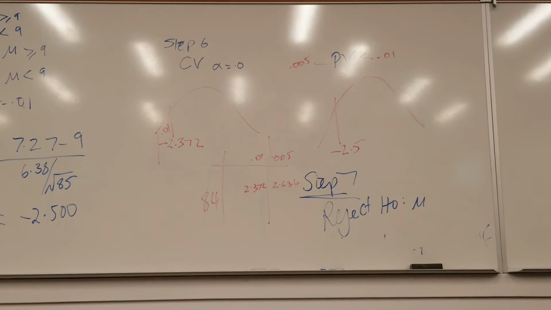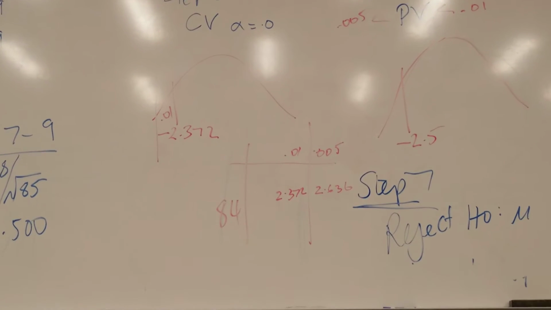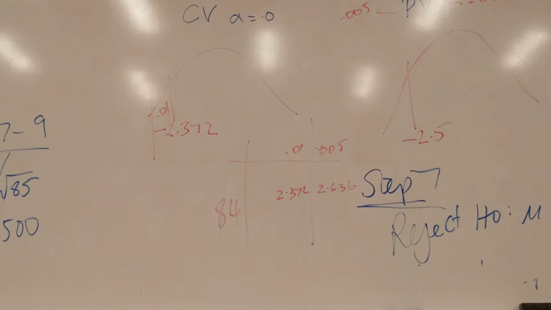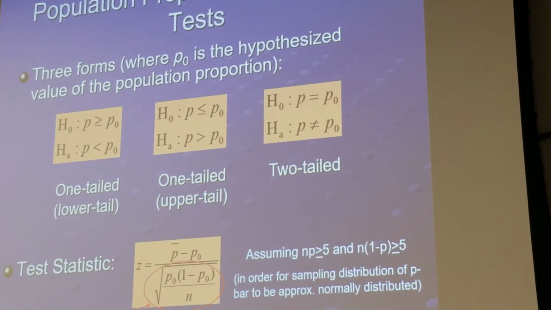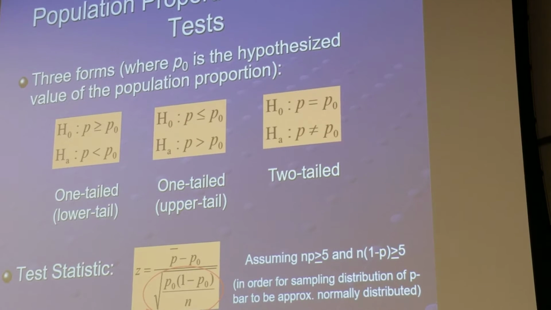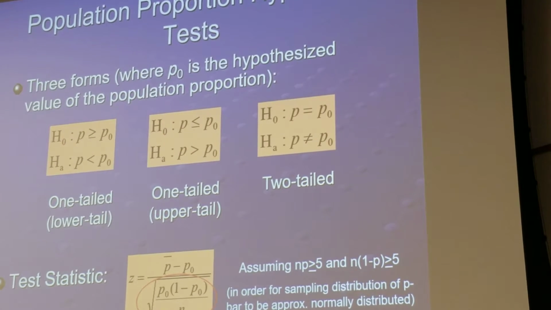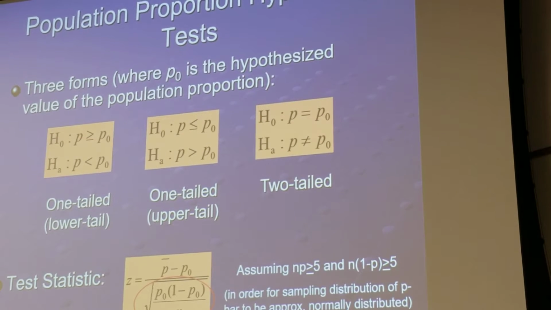Couple more things. When do I do proportions instead of means? Categorical data. When I do categorical data, I have to do proportions. It can be a left tail, a right tail, or two-tailed.